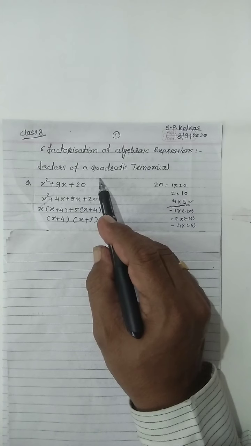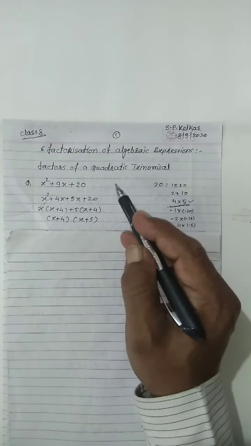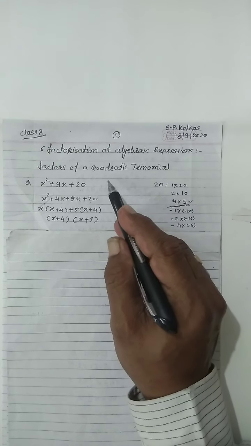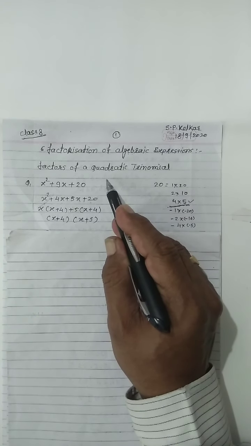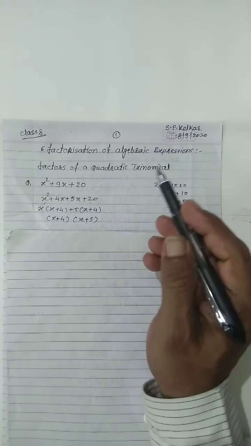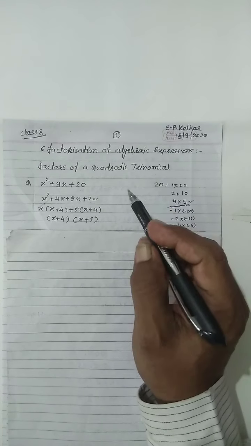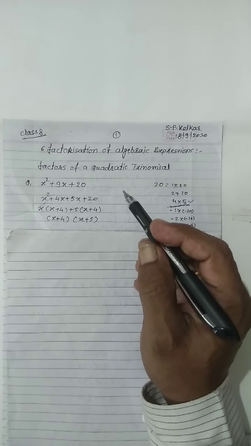Quadratic: that algebraic expression having a degree 2 is called quadratic, and trinomial means in this expression there are three terms.